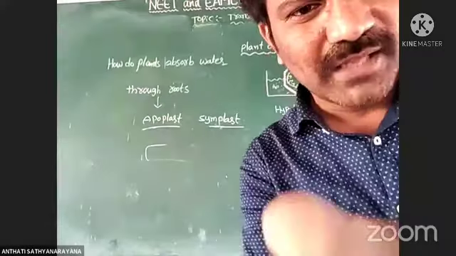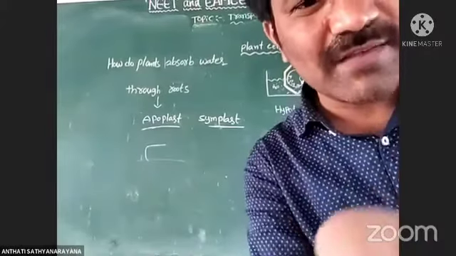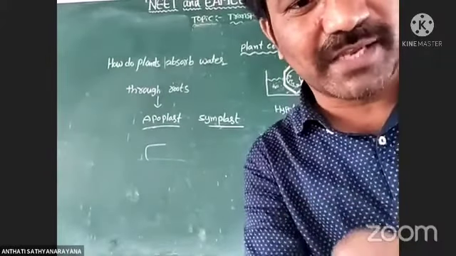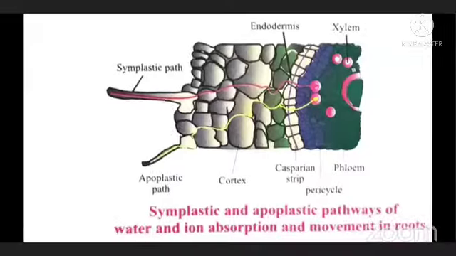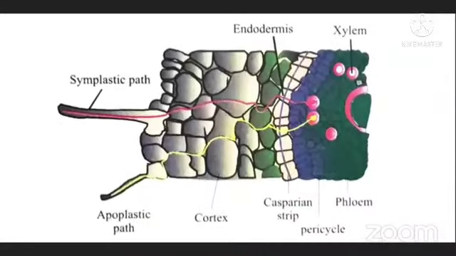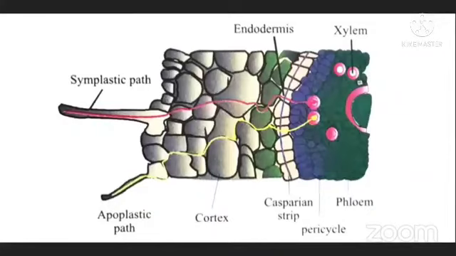But another way is also present, the apoplast. Observe here, two different lines are present. These are root hairs. These root hairs absorb water and send it to the xylem.